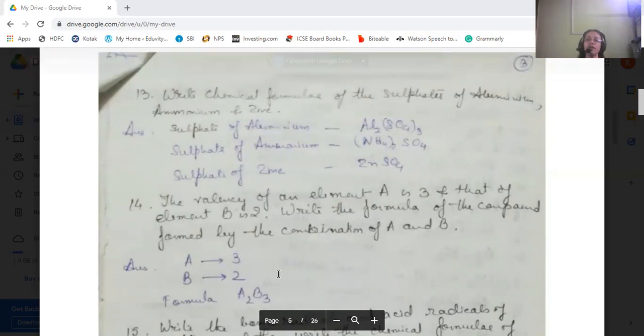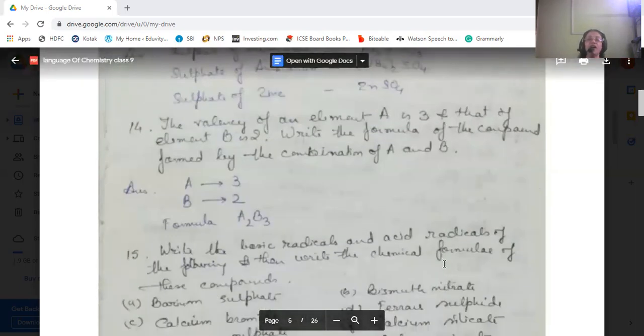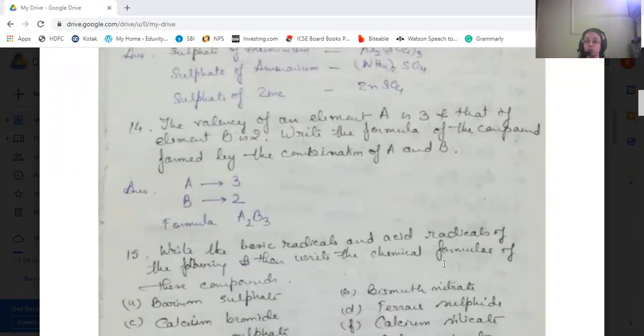The valency of an element A is 3 and that of an element B is 2. Write the formula of a compound formed by the combination of A and B.